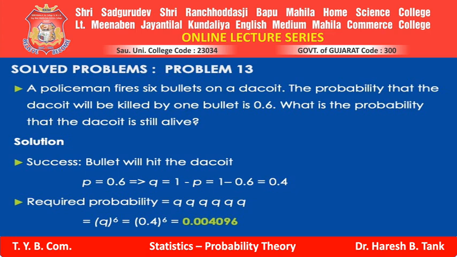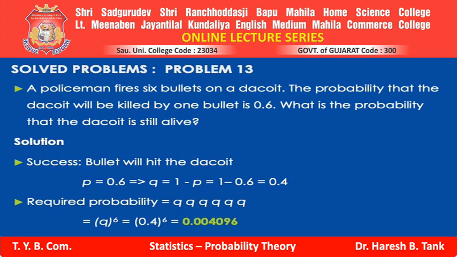So required probability is, look what the problem is. What is the probability that the dacoit is still alive? How many bullets are being fired? 6 bullets. So every time the policeman fails. That means failure in first, failure in second, failure in third, fourth, fifth and sixth, which is nothing but Q multiplied by Q multiplied by Q, Q, Q and Q. That means it is Q raised to 6.